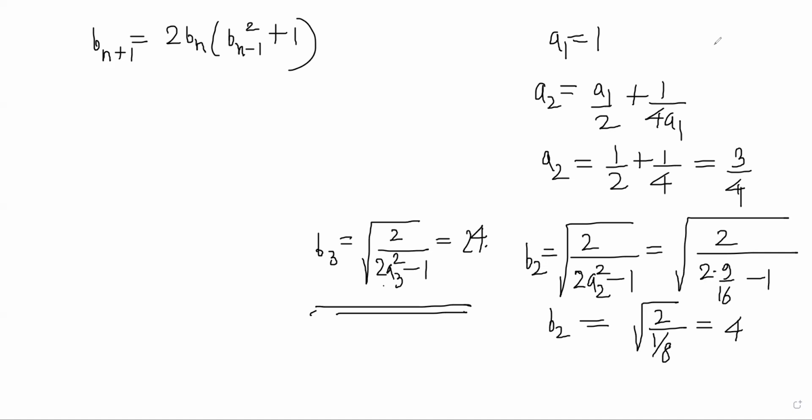Actually A3 you'll have to find out. A3 you can find out by doing 3 by 8 plus 1 by 4 times 3 by 4. So 3 by 8 plus 1 by 3, so 24, 9 plus 8, 17 by 24. A3 is 17 by 24, so it is becoming 2 into 17 square by 24 square minus 1.